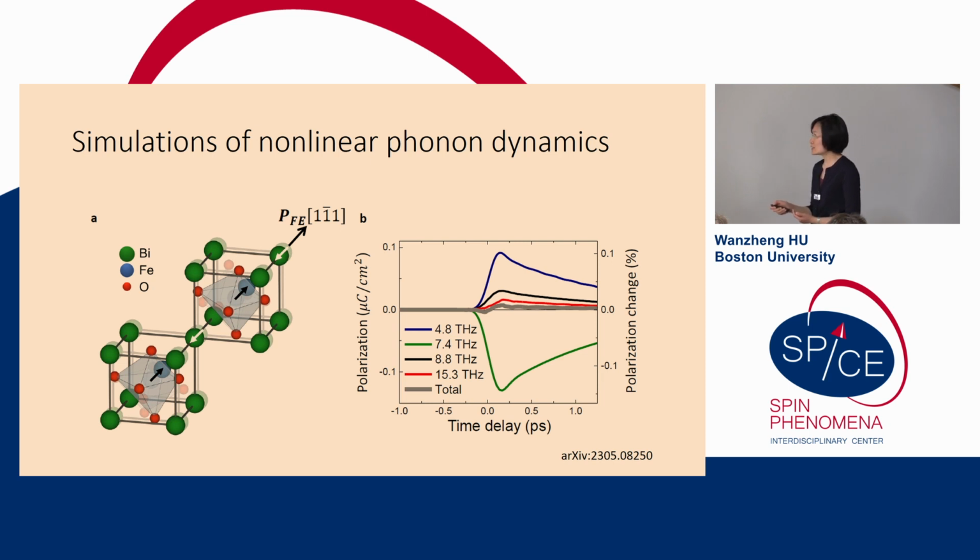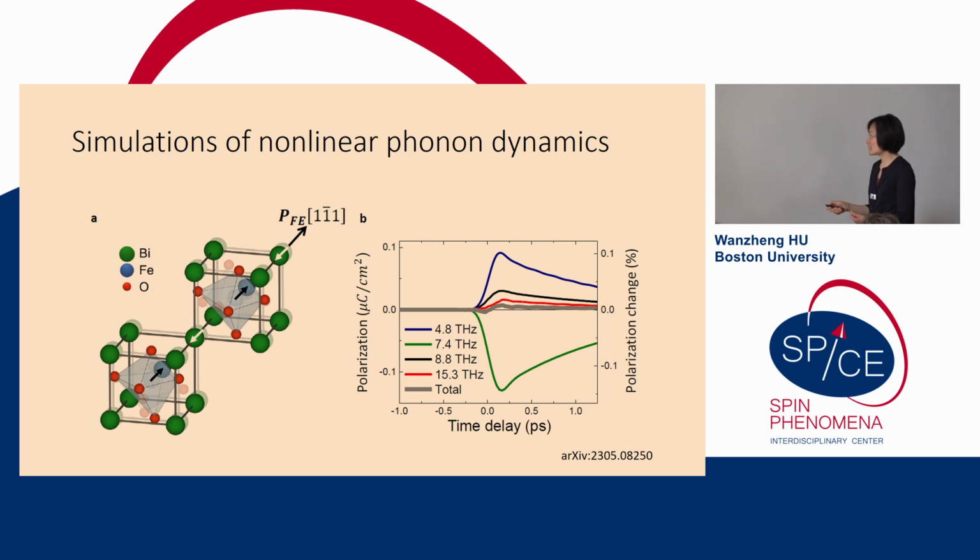And interestingly, you see this bismuth is moving in the opposite direction of the equilibrium polarization, and the iron is moving along the equilibrium polarization. So with this, it's very straightforward to see why this case is different from the lithium niobate case, where both atoms move along the same direction. Here, although we are driving a similar high energy phonon, you cancel the ferroelectric polarization by quite a lot.